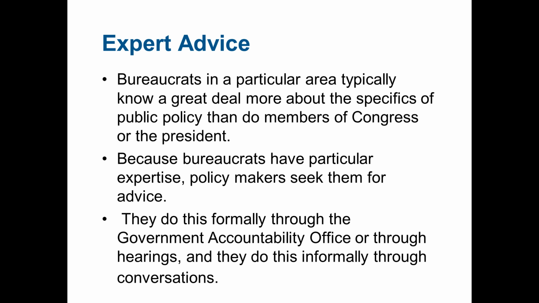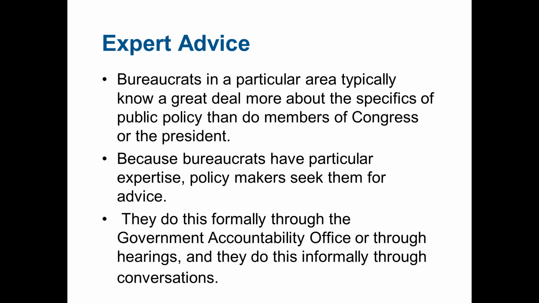So oftentimes bureaucrats are called on to share this advice with the people who are responsible for the new laws of the country. So the GAO, we talked about this in the congressional lecture. This is an office in Congress that's there to help Congress oversee the bureaucracy. So sometimes bureaucrats will report to the GAO, who will then report back to members of Congress.